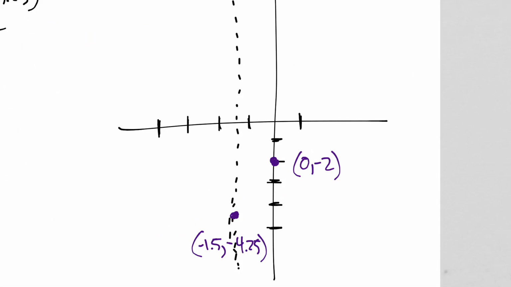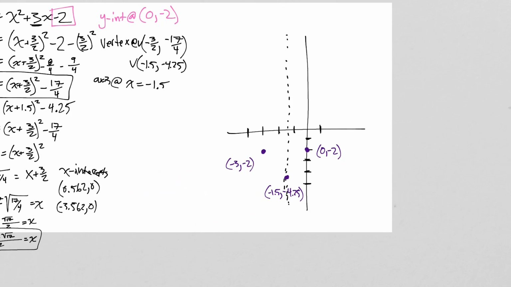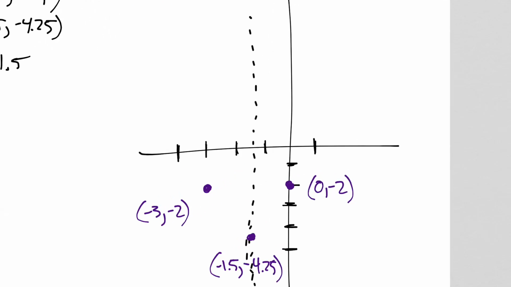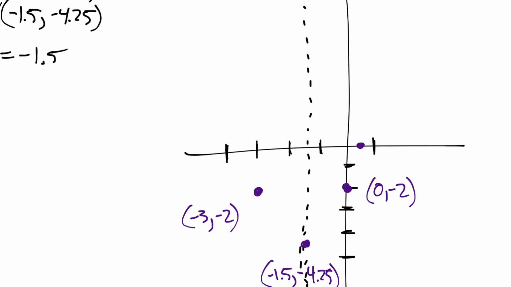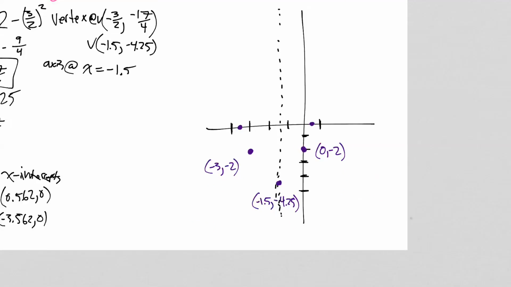Well, I'm 1.5 to the right, so if I go 1.5 to the left, I'm going to have that same y value. So I should have that point right there at (-3, -2), like that. And then we found our x-intercepts. We're approximately 0.5, so I can put that in right there. And then approximately negative 3.5, so 1, 2, 3, right about there.